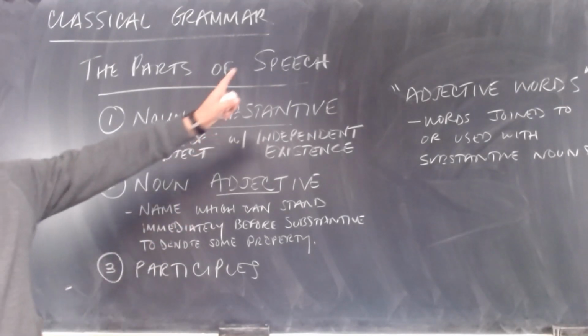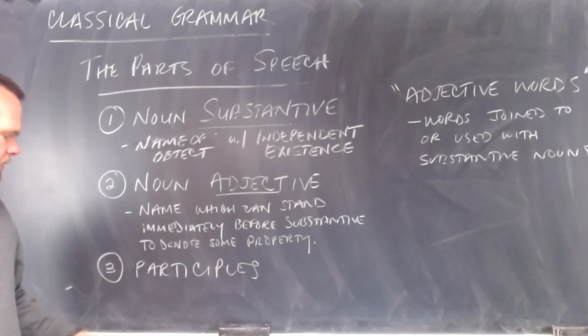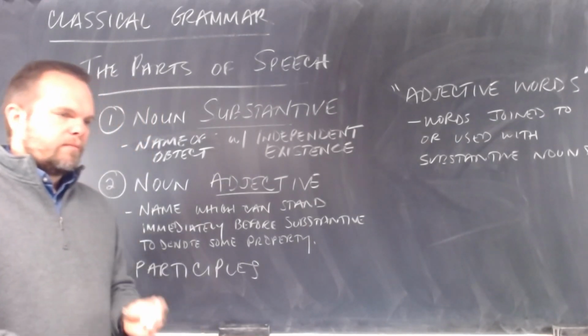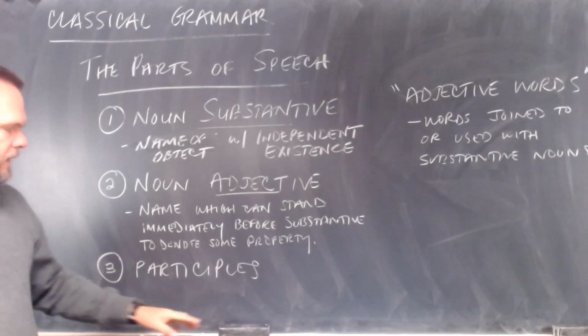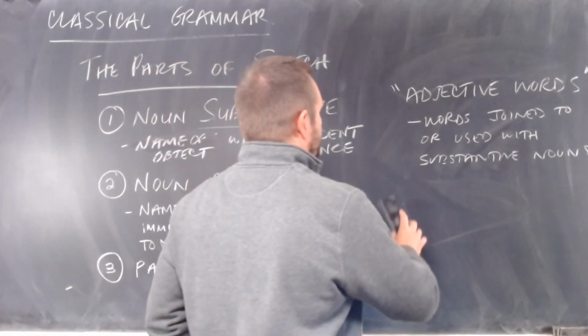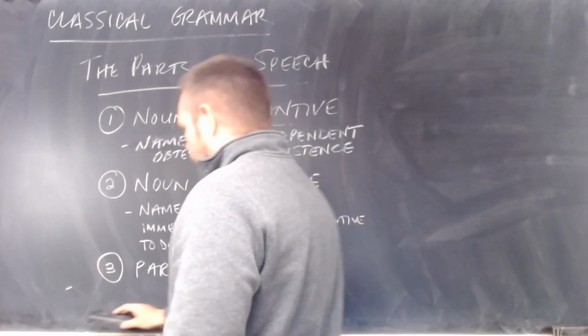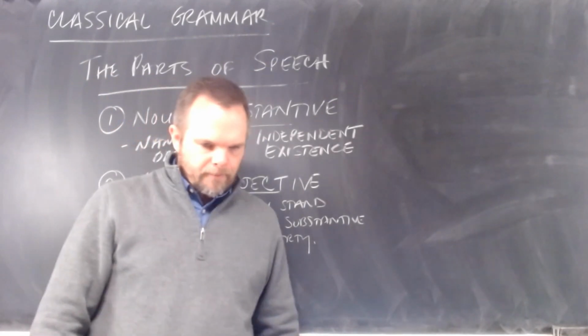Noun adjectives are one kind of adjective words, but there are others. So don't think that our book is teaching us that participles are noun adjectives. That's not what it's teaching. We have to make that clear. We'll come back to that later. All right? So adjective words that are used next to or with substantive nouns.